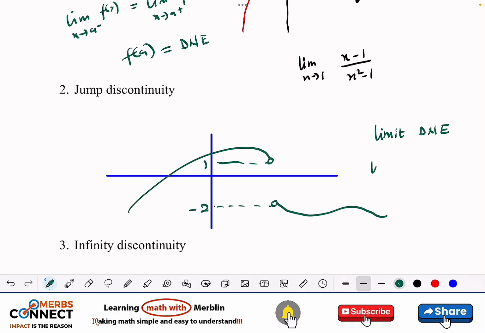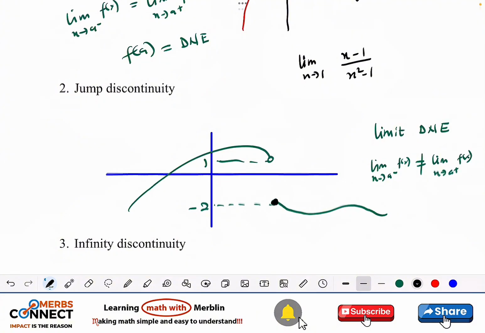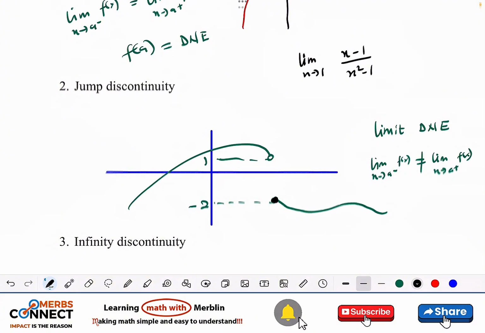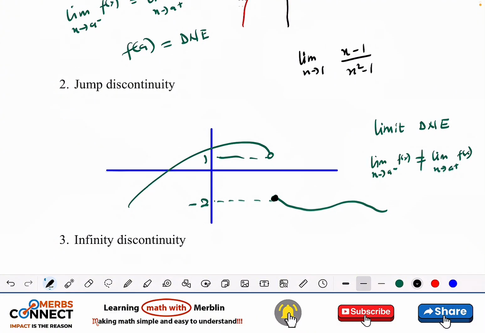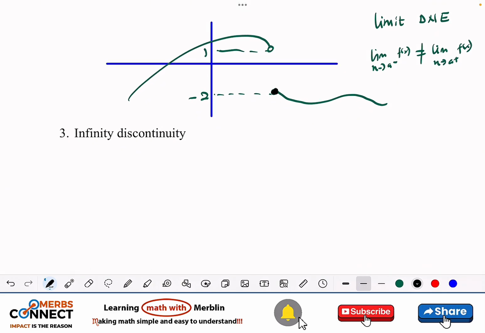So we see that the limit as x is approaching a from the left of f of x is not the same as the limit as x is approaching a from the right. So I can shade one of these. It means that one of the limits is the same as when I plug in the value a. So these are types of discontinuity, and I can also talk about infinite discontinuity.